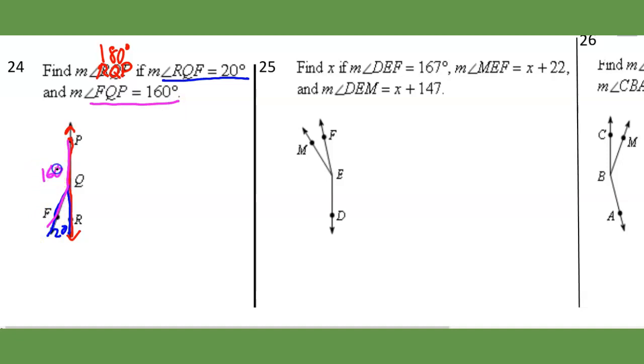Okay, so hunch was correct that the blue plus the pink here should add up to the red. So yes, and let's try that again. Measure of angle RQP equals 20 plus 160, which equals 180 degrees.